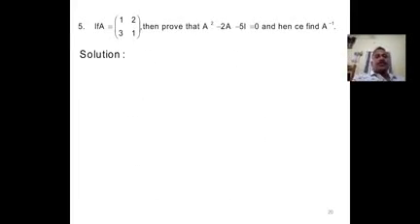Now the next one: if A is equal to 1 2 3 1, then prove that A square minus 2A minus 5I equal to 0. Hence find A inverse. This is one of the methods to find A inverse, with the help of the characteristic equation.